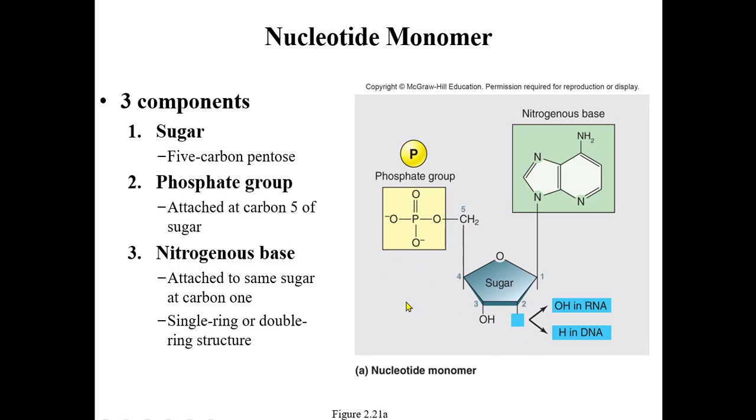And I say this is the most commonly missed question because what is the basic building block of DNA or RNA? The basic building block of DNA and RNA is a nucleotide. And what are the 3 parts of a nucleotide? The 5-carbon sugar, the phosphate group, and the nitrogenous base. And this is the most commonly missed question.